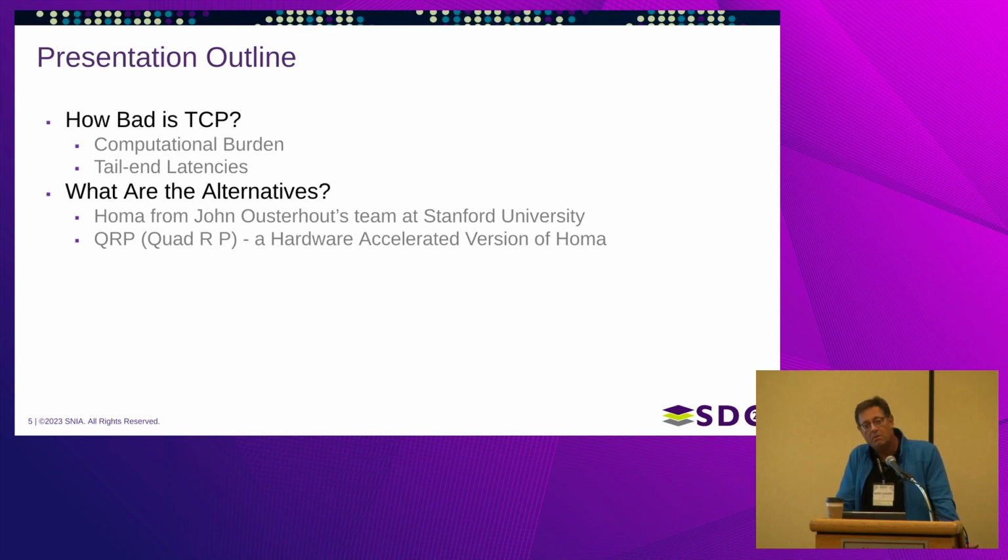And what we're doing is, because we're accelerating things, we're offloading things in an embedded environment. Our interest is the computational burden of TCP. That was the first and foremost interest, because unlike in a data center where you have quad socket, multi-gigahertz CPUs, we sometimes have to deal with a 32-bit ARM CPU which runs at 700 megahertz, okay?